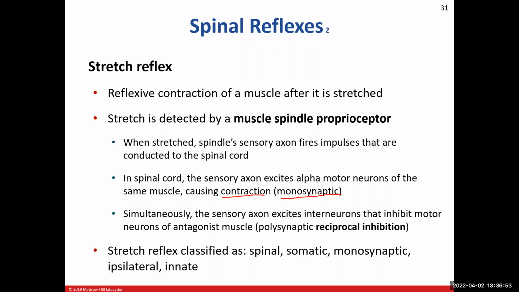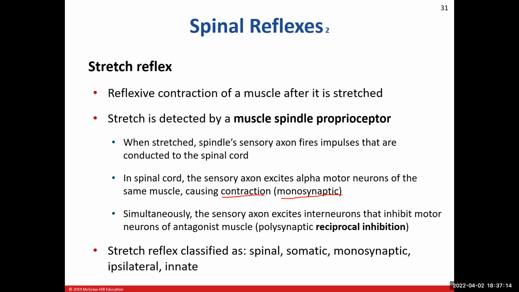But here's the thing. The triceps brachii muscle is on the back of your arm, on the back of the brachium. And the muscle group that is opposite of that is the biceps brachii. So we want to make sure that the biceps brachii muscle group doesn't contract during this reflex.